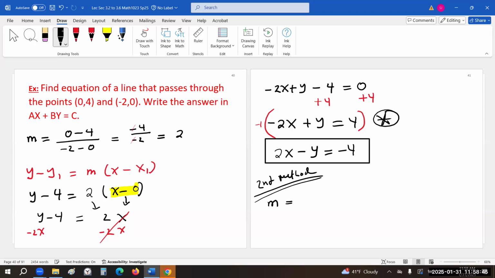First, we find slope, 2. Next, we know our y-intercept is 4. Using these two pieces of information, we can write y equals mx plus b, right? So y equals 2x plus 4.